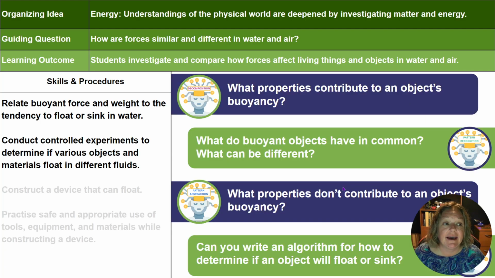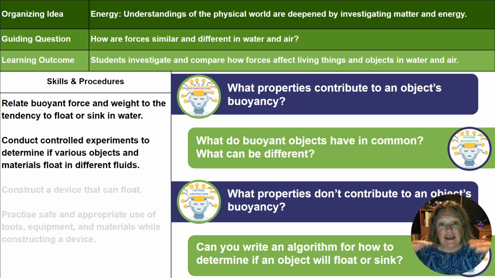Let's have a look at now the buoyancy skills and procedures and how we might connect those into some computational thinking. The first stage piece of computational thinking is decomposition. If we are talking about buoyancy, we will be looking at particular properties of objects that determine whether or not it will float.